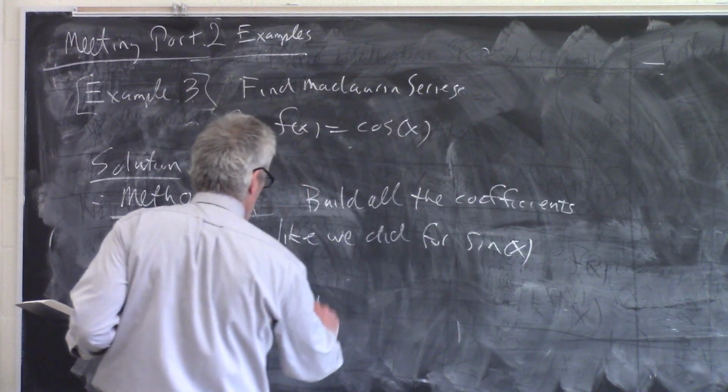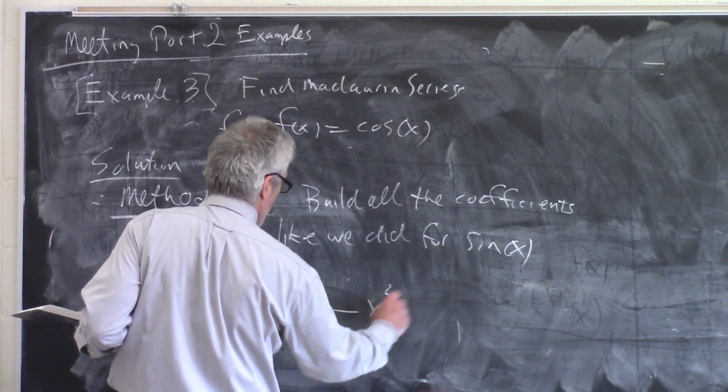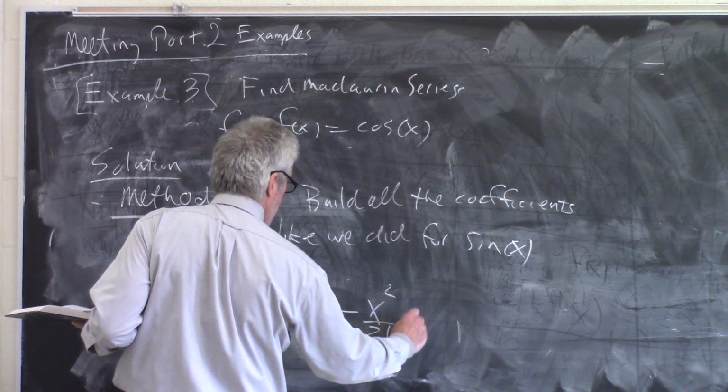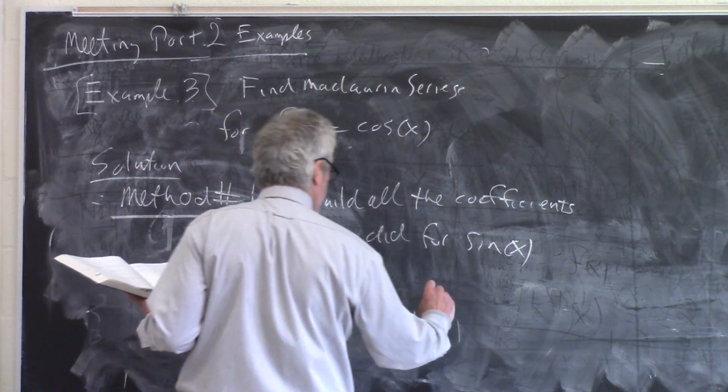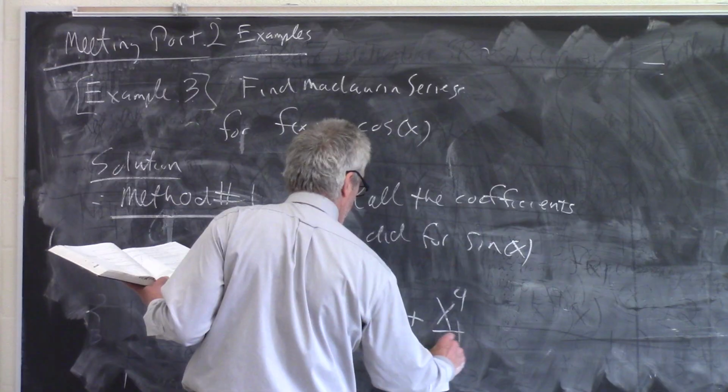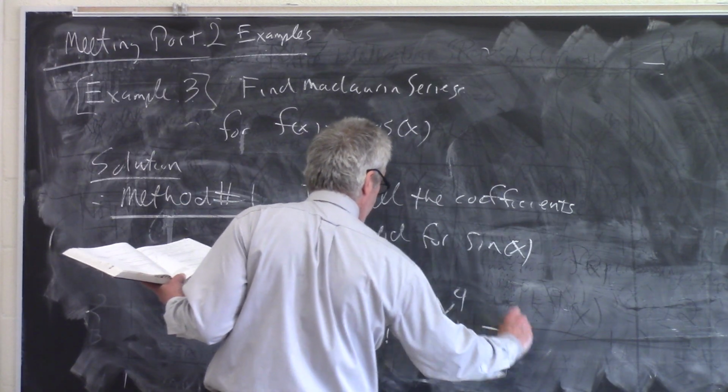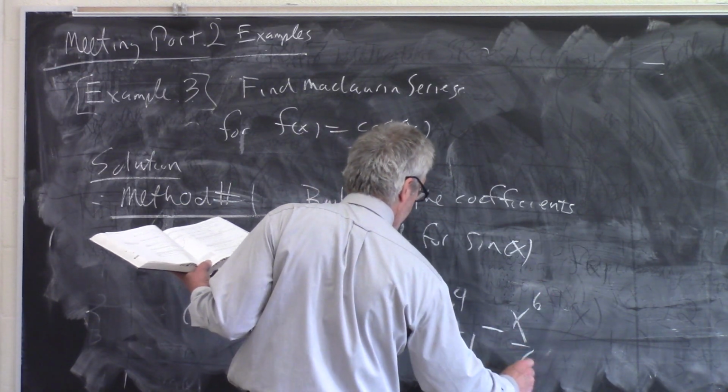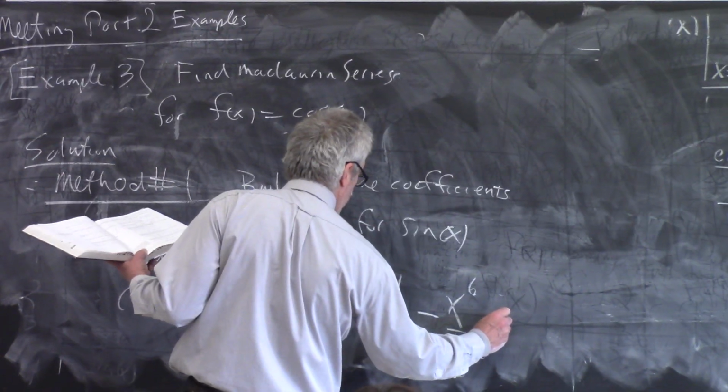It's 1 minus x squared over 2 factorial plus x to the 4th over 4 factorial minus x to the 6th over 6 factorial and so forth.